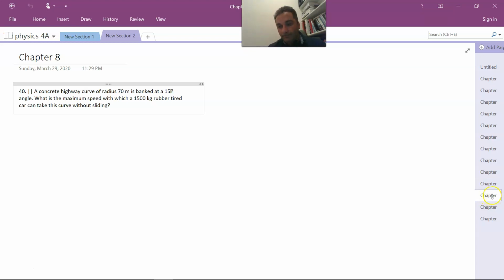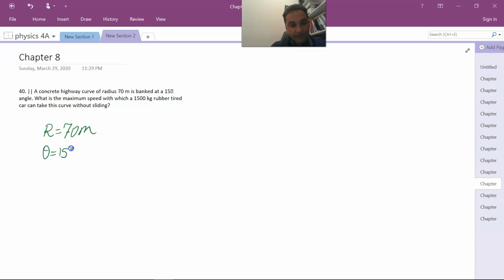This question: A concrete highway curve of radius 70 meters is banked at a 15 degree angle. So the radius of that curve is 70 meters, theta is 15 degrees. What is the maximum speed, where the mass of the car is 1500, that it can take the curve without sliding out?